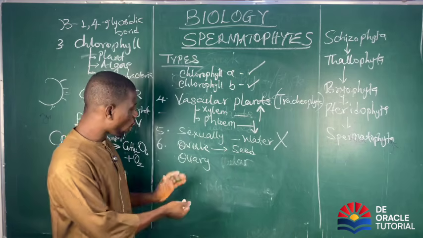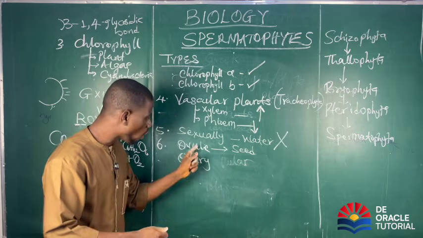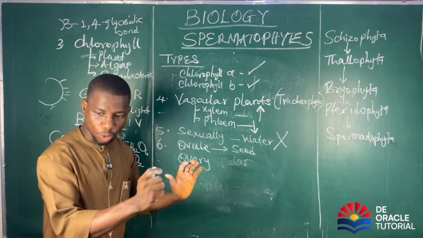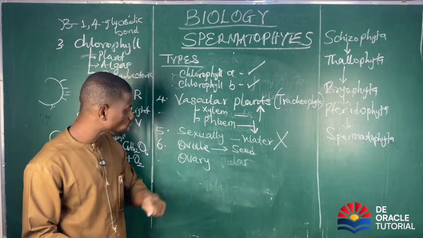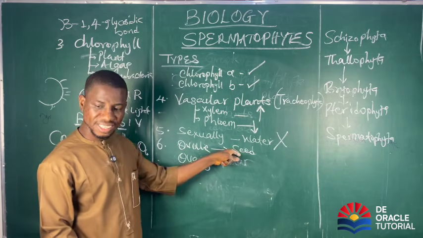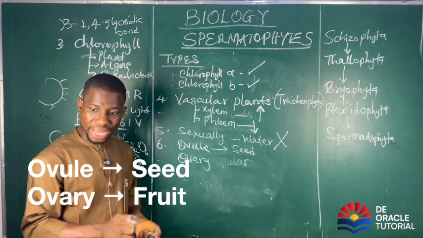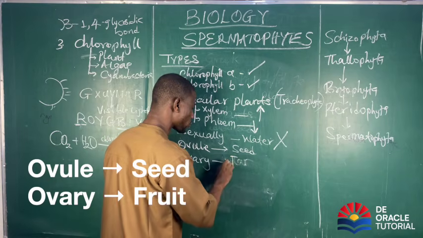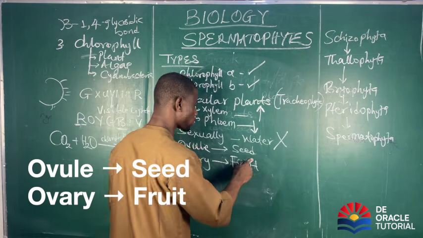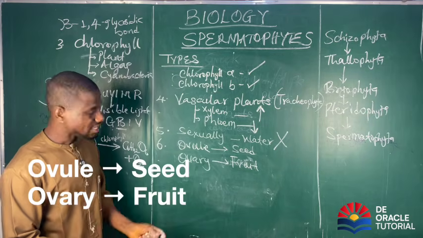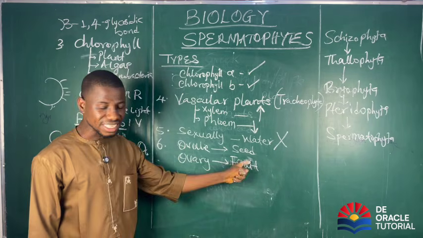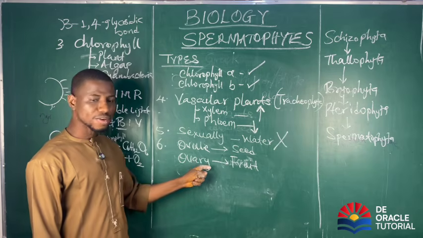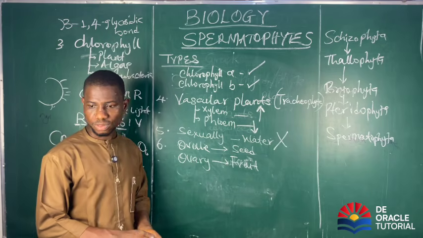The difference is that the ovary contains the ovule. I repeat, the ovary contains the ovule. The fertilization of the ovule in plants will give us seed, whereas fertilization of the ovary in plants will give us what is called fruit. Is that clear? Fertilization of ovule gives seed, but fertilization of the ovary gives fruit. Does that make sense to you?